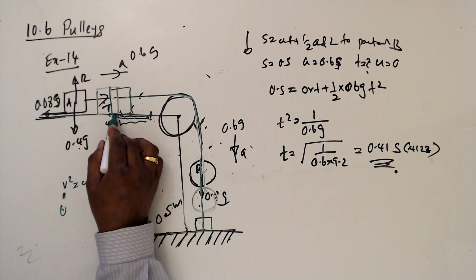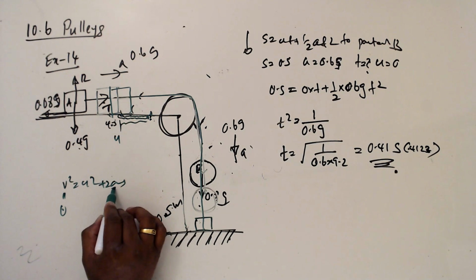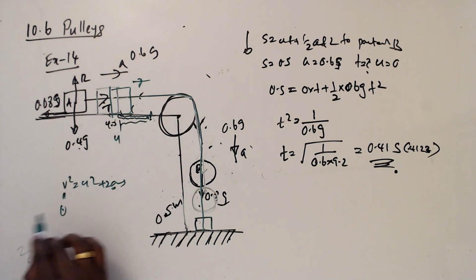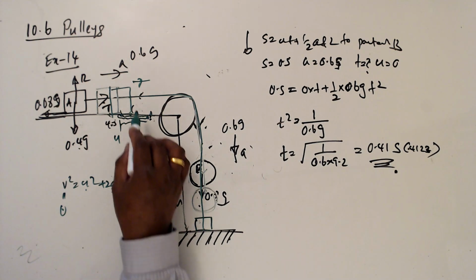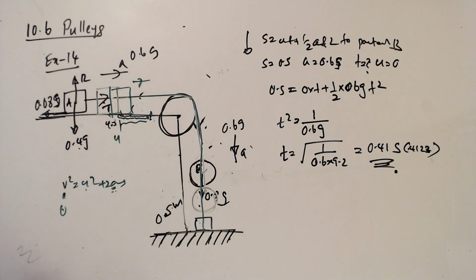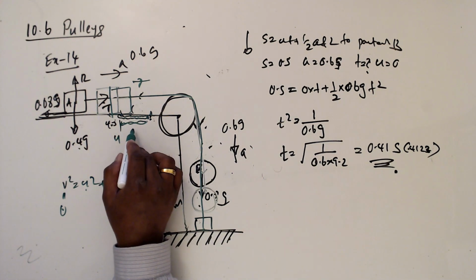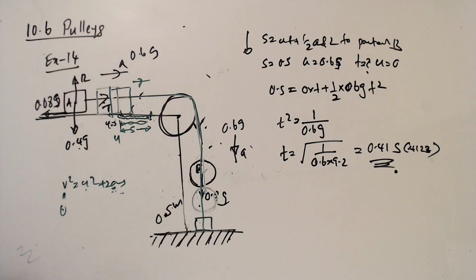But we don't know the starting velocity U, and we don't know the acceleration A as well. If we know U and A, we can find the distance traveled. Let's say this distance is S. Sorry, this is a circle.